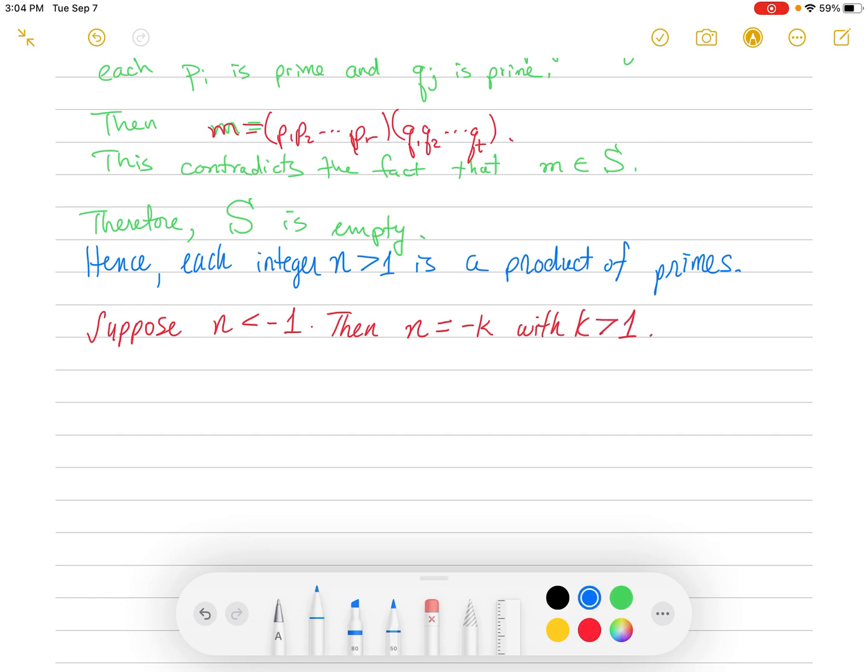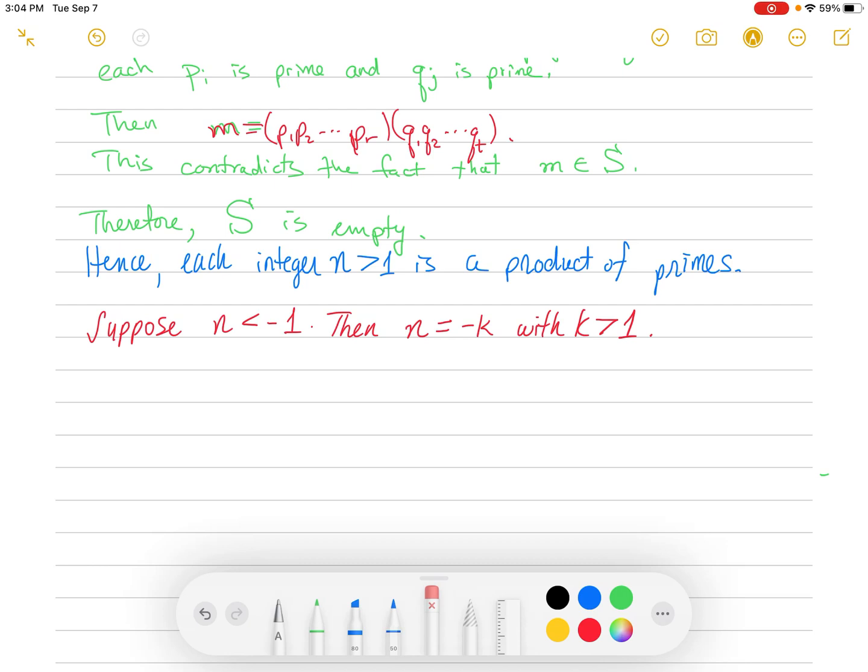For example, if I have a negative number, negative 5 is my number n, then I could rewrite this as minus k, where k is 5. Right? And k, which is 5, is bigger than 1. So if n is less than negative 1, I can write it as minus k, where k is greater than 1.